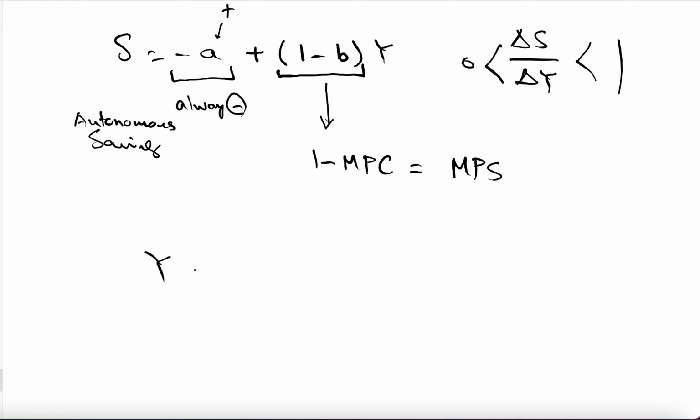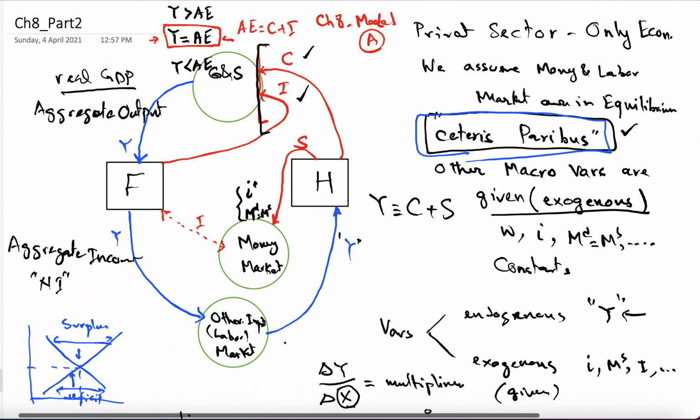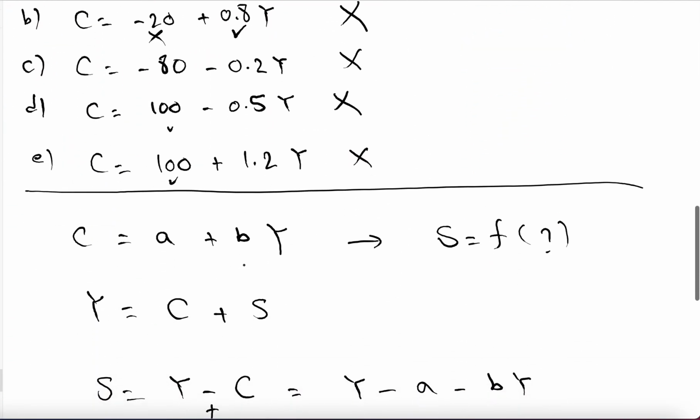We can determine this equation from this also. Y is always equal to consumption plus saving, because this is an identity. That's how the circular flow diagram says: the money we get, either we spend buying goods and services or we lend to others by putting it into the banking system, the money market.